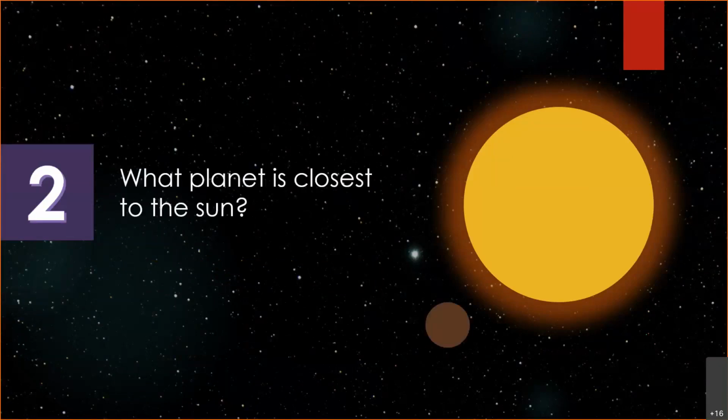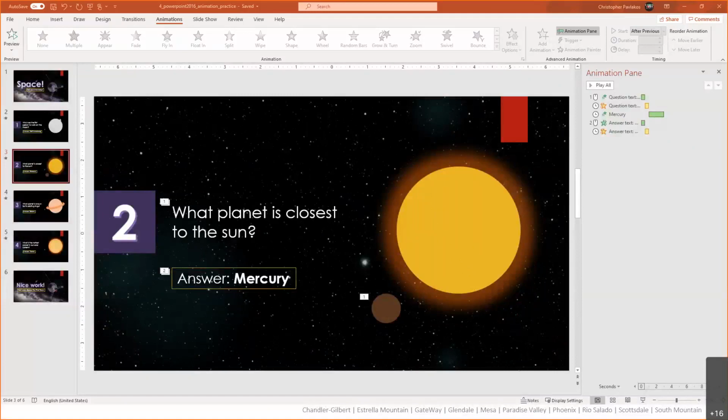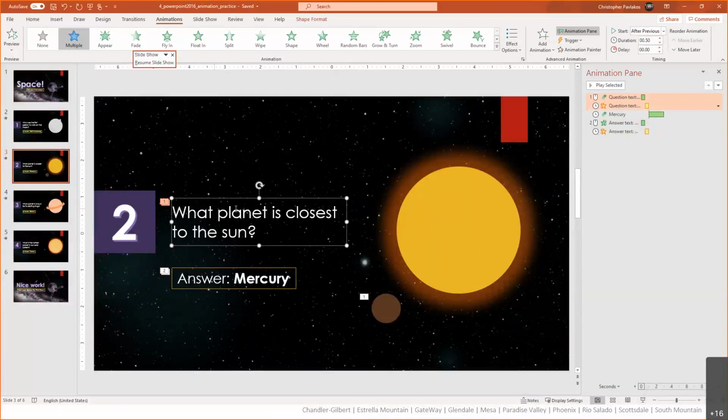Ooh, all kinds of stuff happening. But now I want my answer to swipe in and pulse. I actually think that this one was a little bit too busy, had too much going on. So when I click on this one for what planet is closest to the sun, over here on the animation pane, it shows me that these two are the ones that happen on that question part of the text.